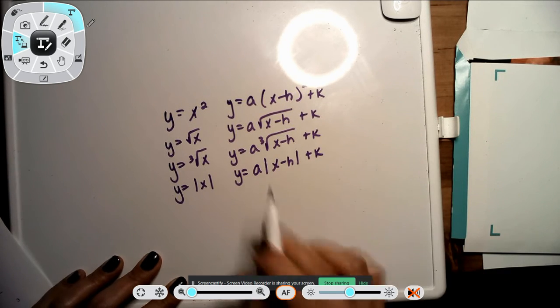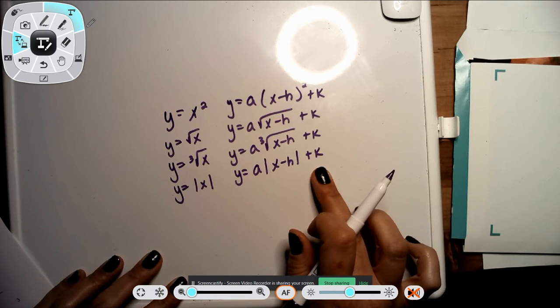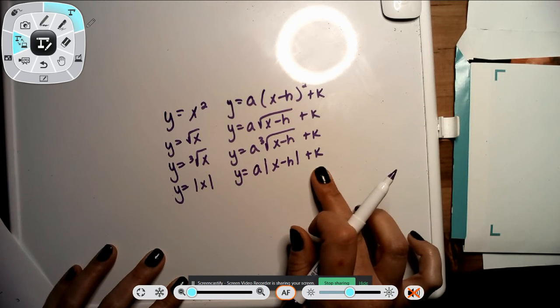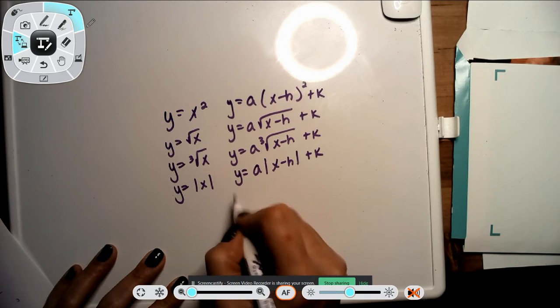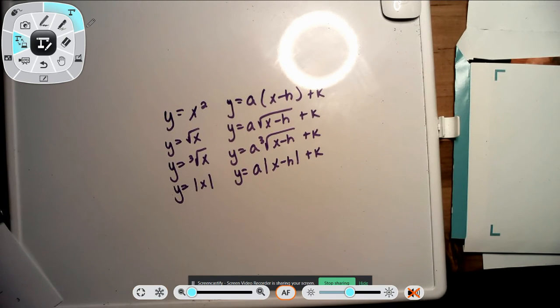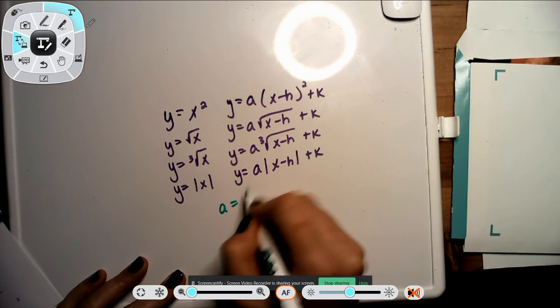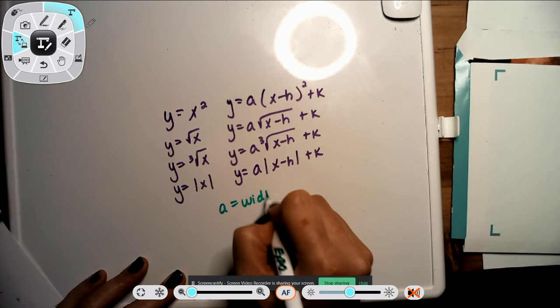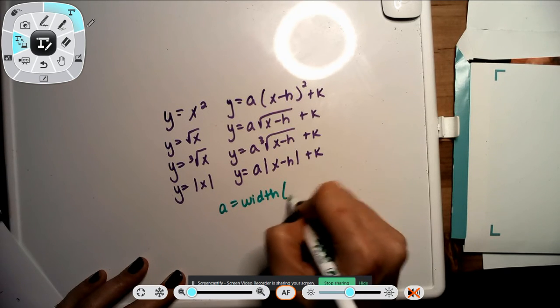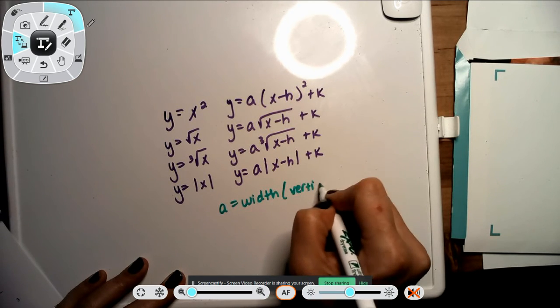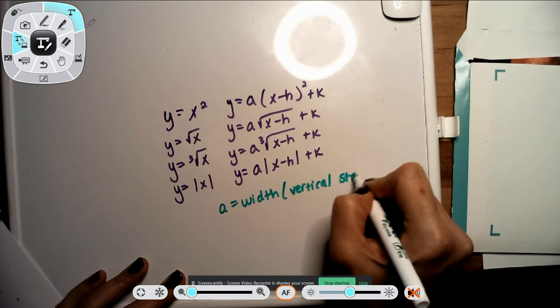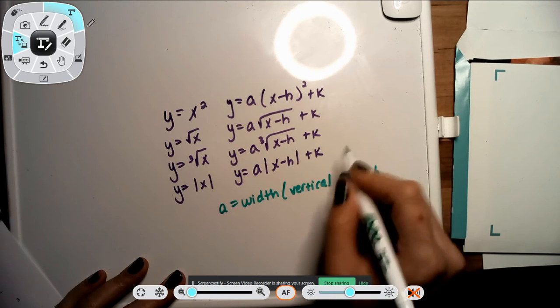Now, we have three different values for our formulas. We have a, which represents the width of your graph, also known as a vertical stretch or compression.